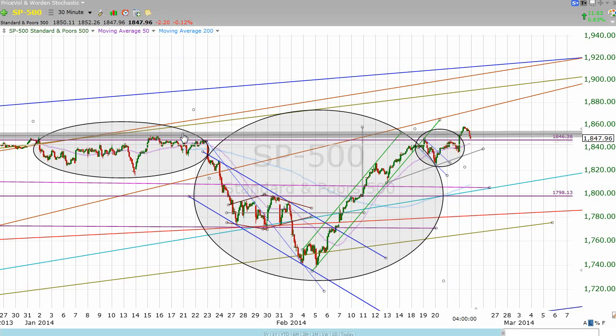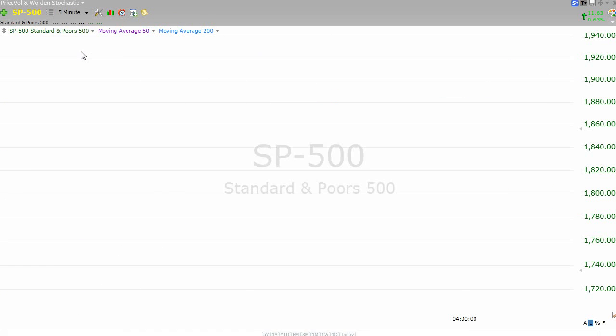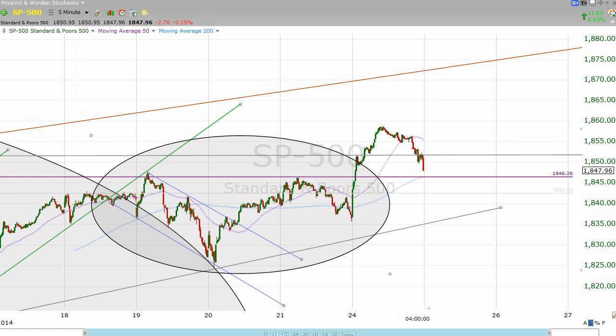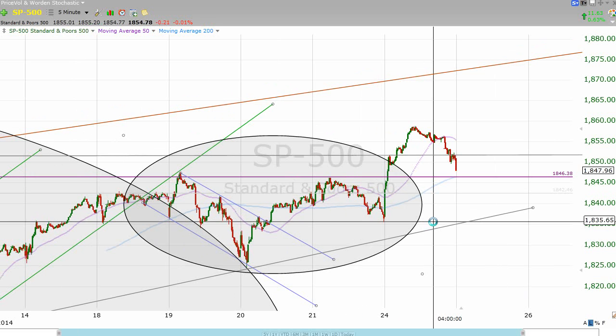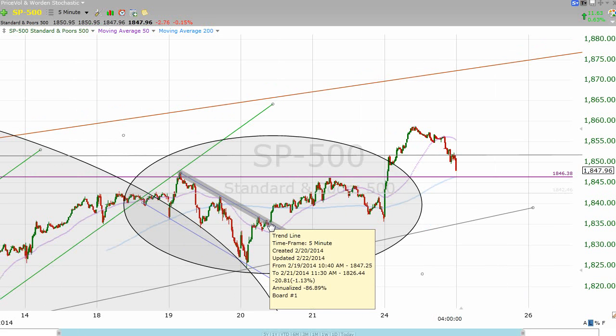If we look at things in a little bit more detail, here looking at the 5-minute chart, we can see a couple of things of interest happen. Here's our little bull flag, and after we broke out of that flag, we came right down on Friday, very near the close, and closed right at that breakout point.